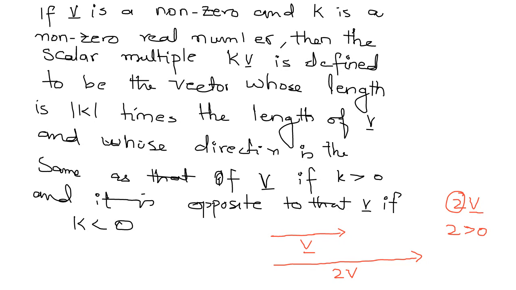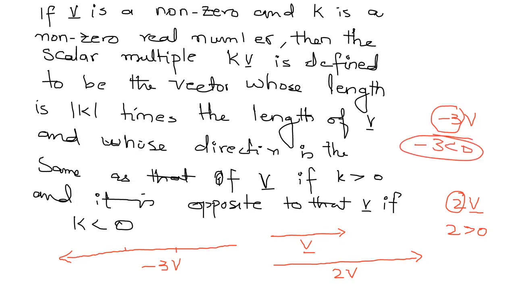For example, if you multiply by minus 3, minus 3v means the length of the vector will be 3 times, but the direction is opposite. Why? Because minus 3 is less than 0, so it must have the opposite direction.